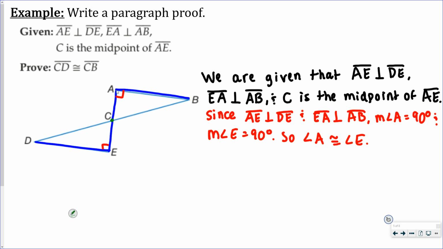Next, let's use what else is given to us. That C is the midpoint of AE. So that means it's right in the middle of this line segment. So we have a couple congruent sides. So you can say AC is congruent to CE by the definition of a midpoint.